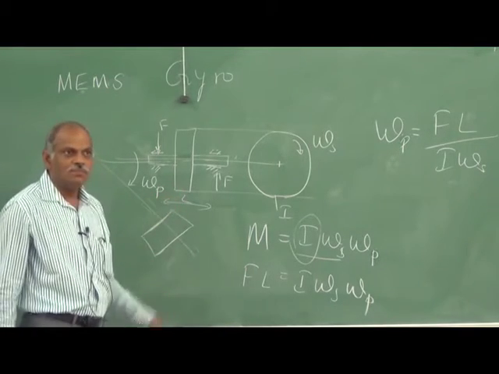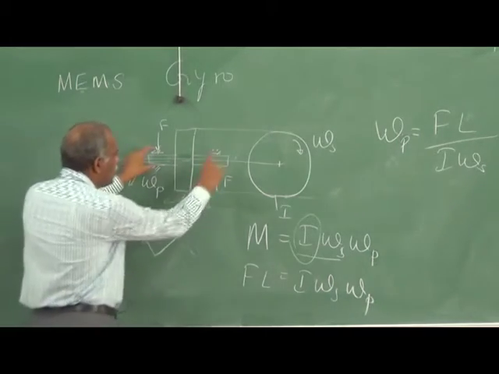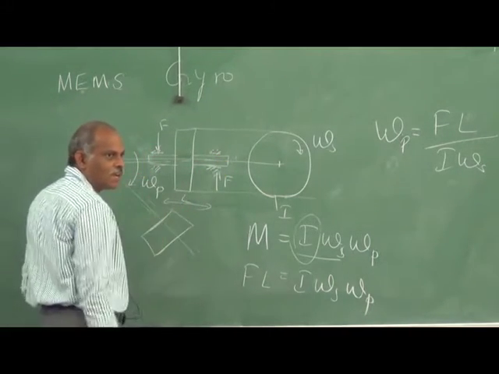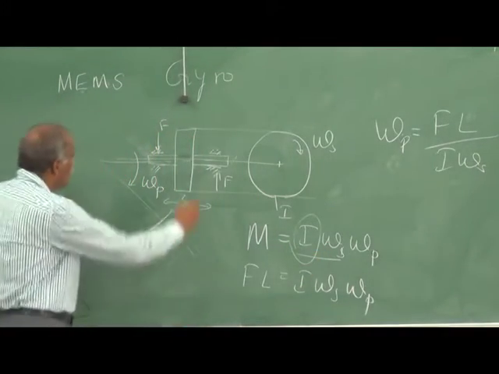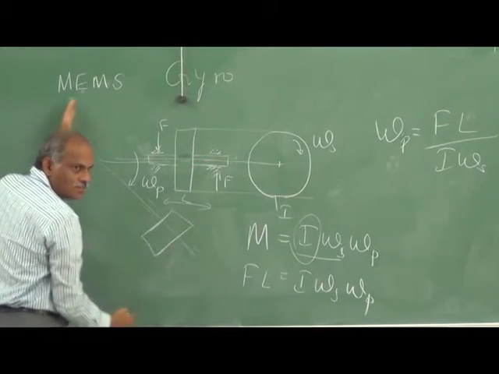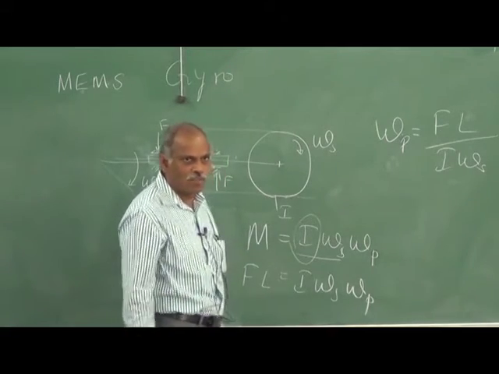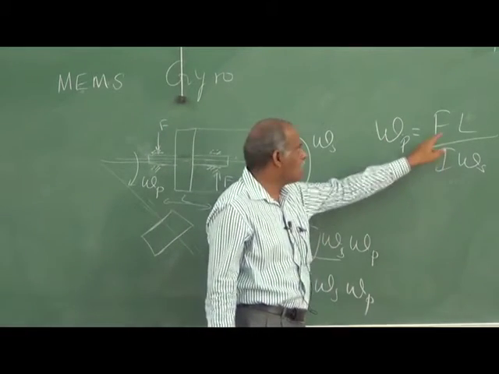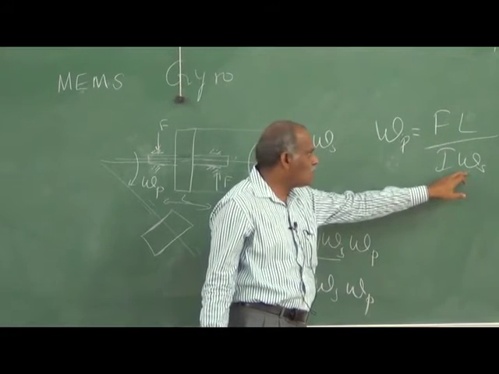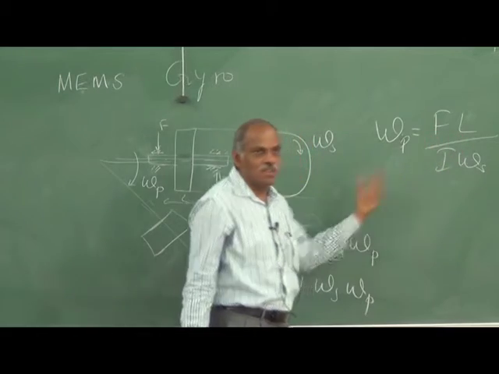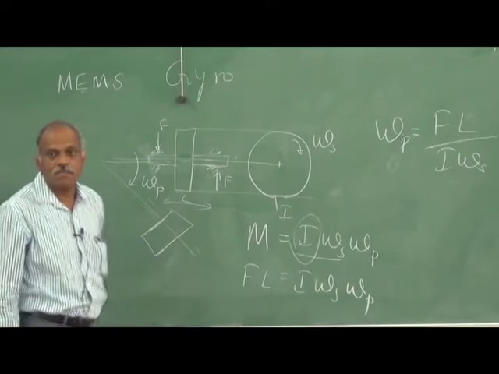For that you use a gyroscope, a spinning disc attached to the frame of the aircraft, rotating at angular velocity omega s. When the plane is turning with the angular velocity omega p, you want to measure omega p, and that is given by this reaction. I have to measure the force exerted in the bearings. Then, knowing the spinning velocity, and since L is fixed, I can measure the angular velocity at which the aircraft is turning.